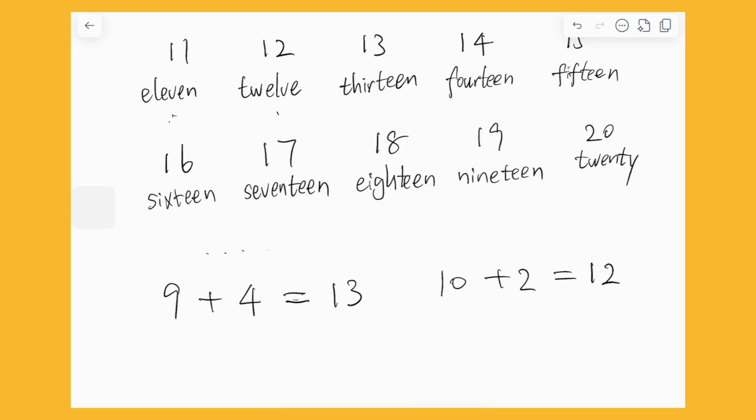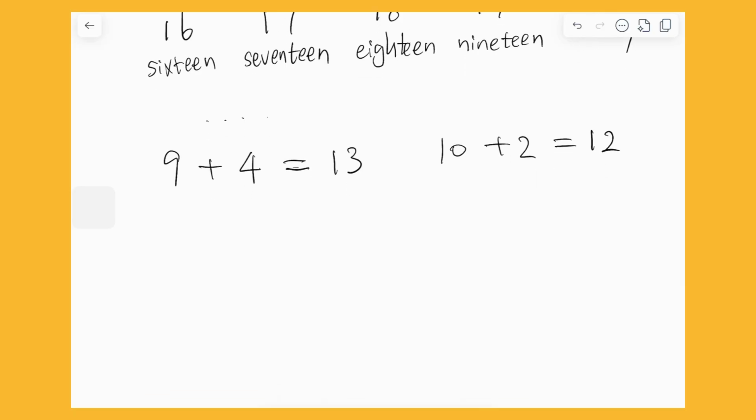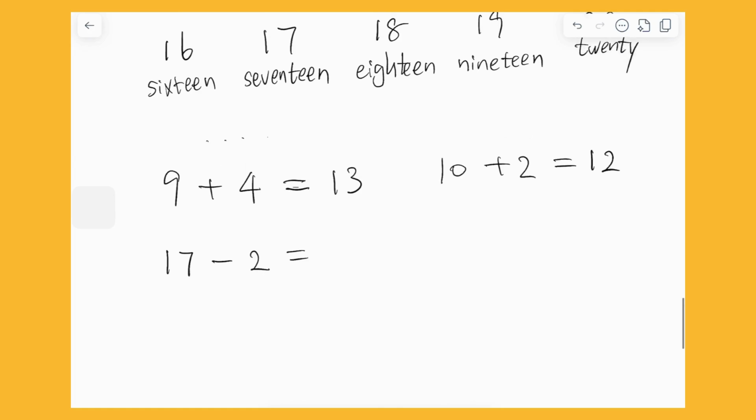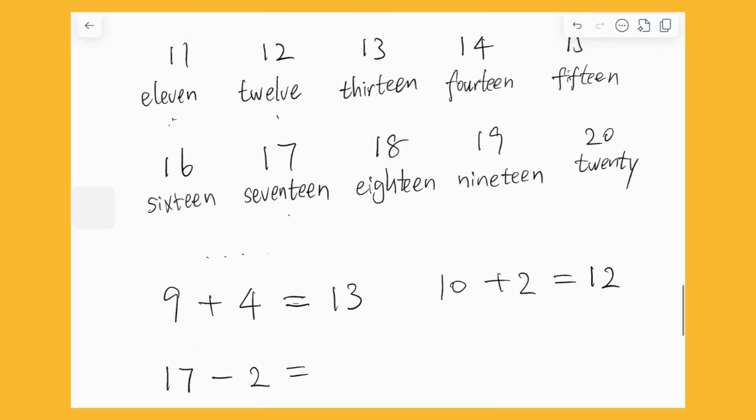And how about subtraction? We have 17 here. Subtract 2 equals, let's count backwards. So let's take a look. We have 17 here. We got 1, 2, that's 15, right?